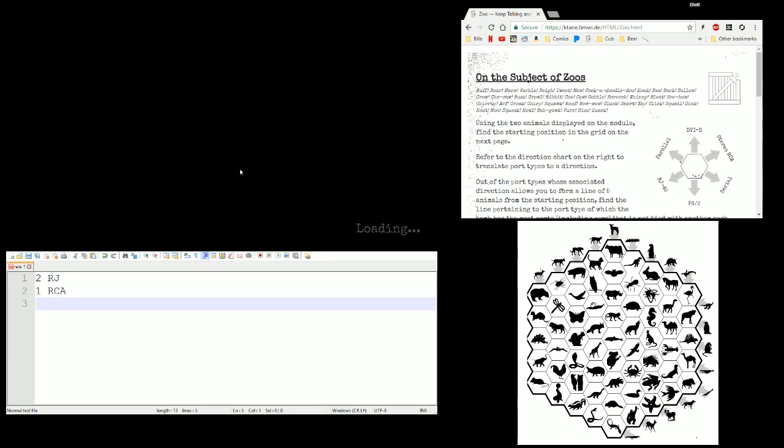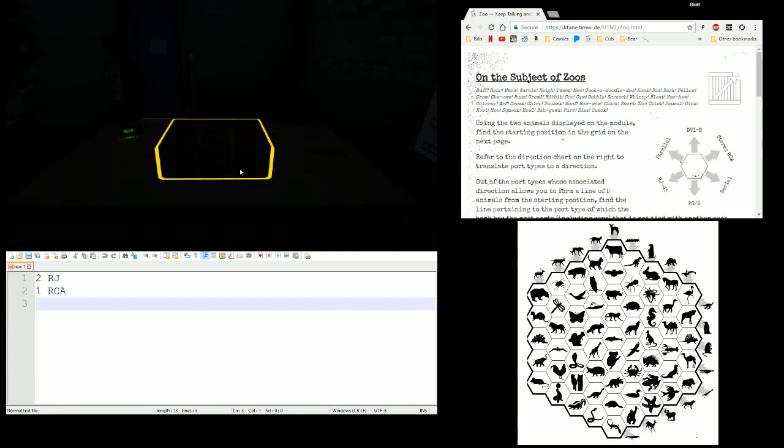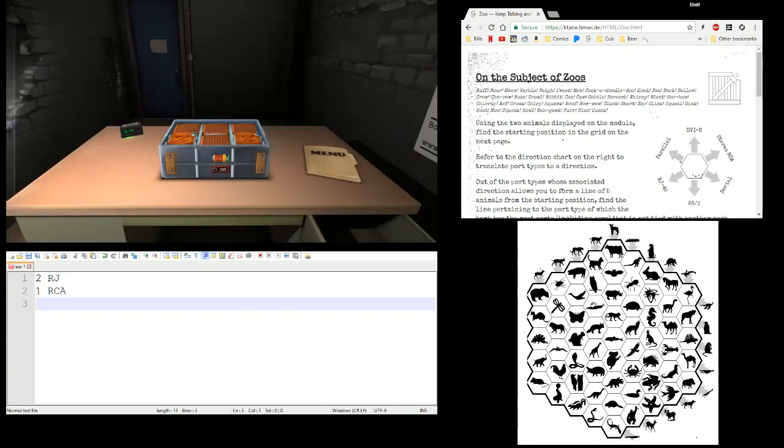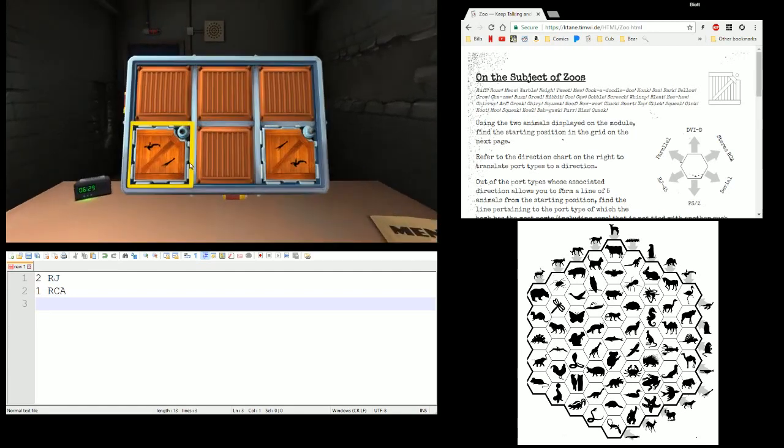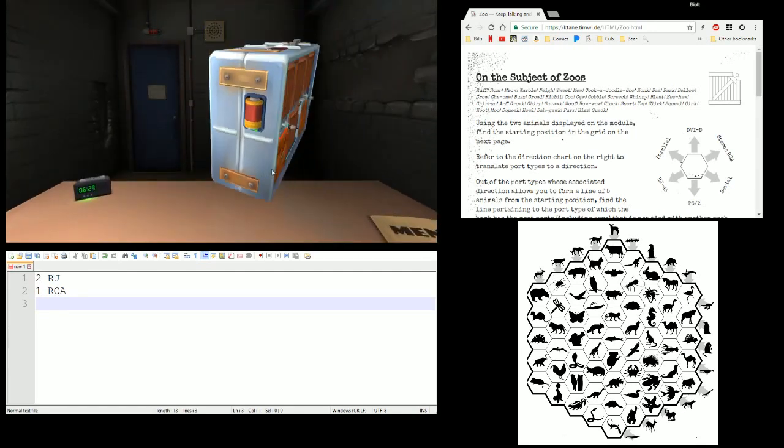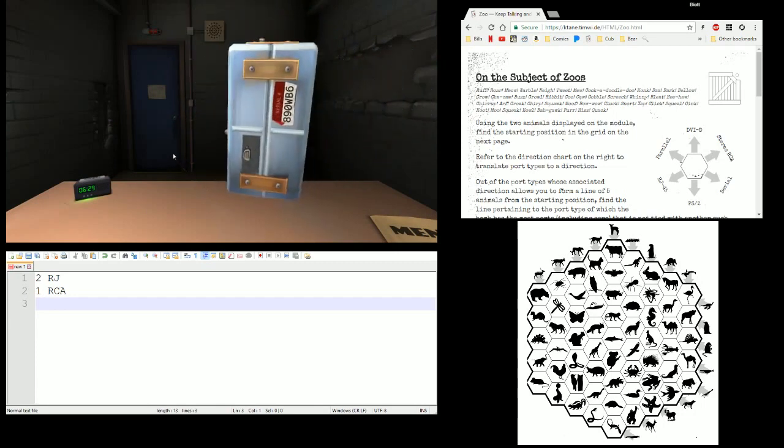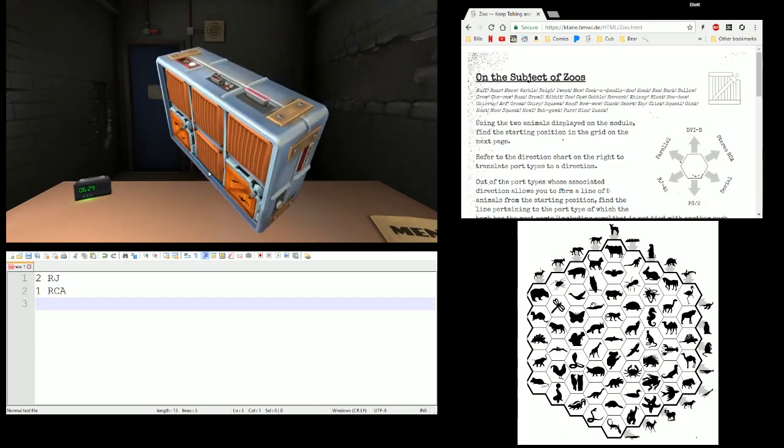Let's load up another one, see what we can find. Let's look at ports this time. Oh my gosh. Oh, perfect.